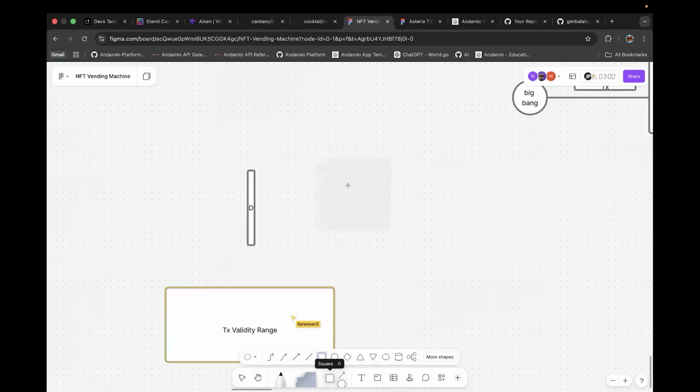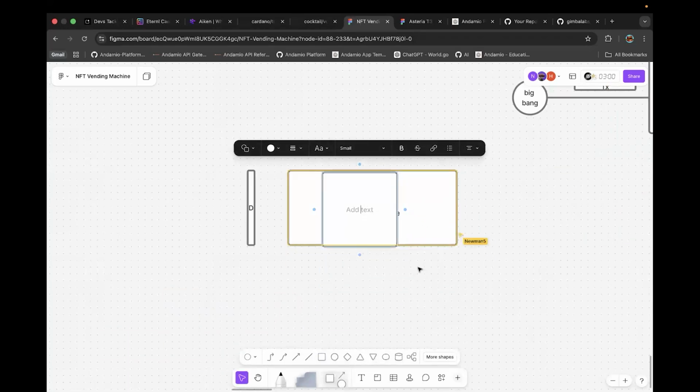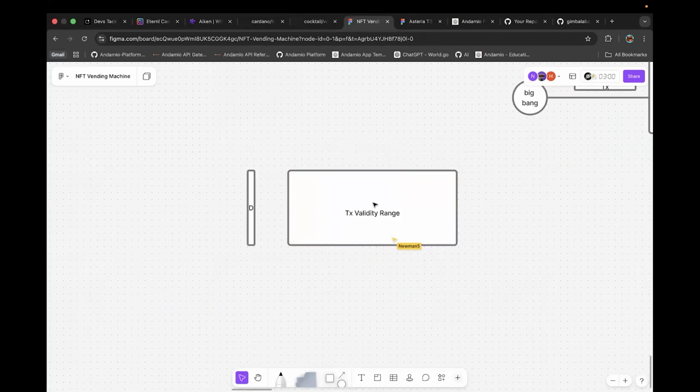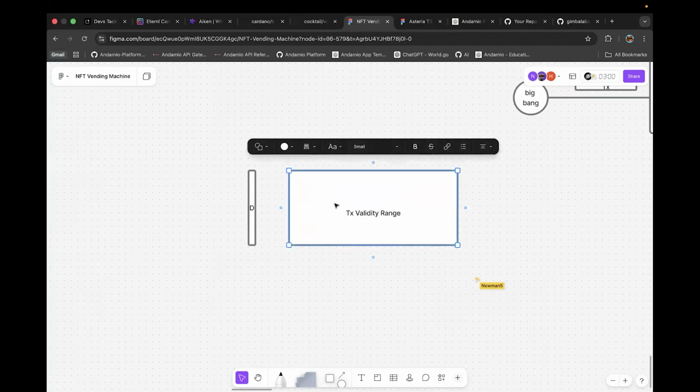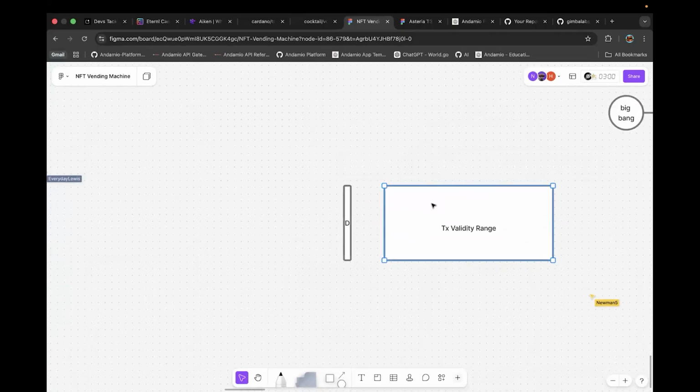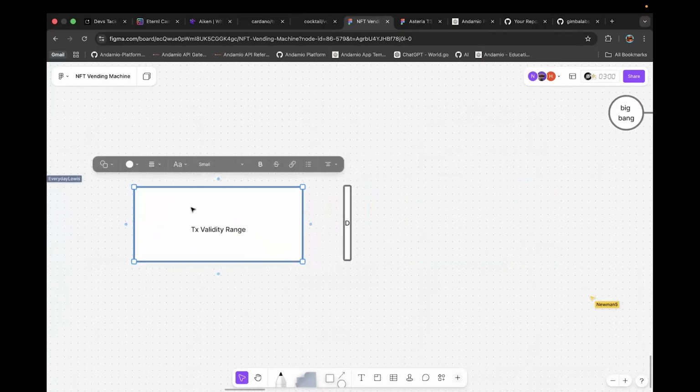To make sure whether the transaction is happening after the deadline or not, all we have to do is... One second, let me remove this. Okay, so this is the transaction validity range. Now all we have to check is whether the transaction is happening after or before the deadline. If it is happening after, we need to check the lower bound. But if it is happening before, we need to check the upper bound, and that's all we need to do.